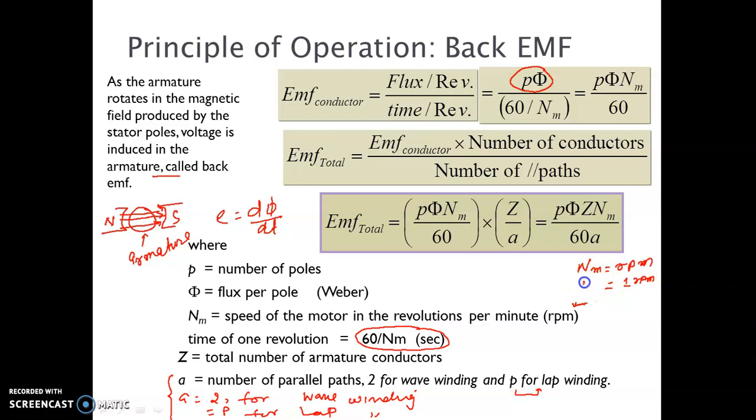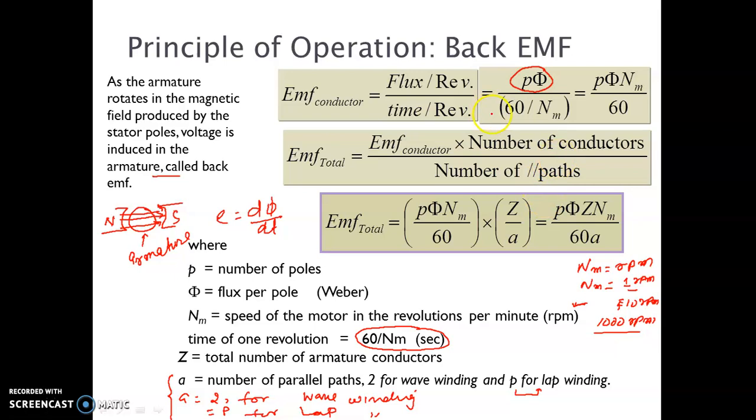I am writing Nm for one rotation per minute, meaning the rotor is rotated one time in the magnetic field. This is called 1 RPM. If it is rotated 10 times, then it will be 10 rotations per minute. If it is rotated 1000 times, then it will be 1000 rotations per minute. This is the rotor speed measured in rotations per minute.